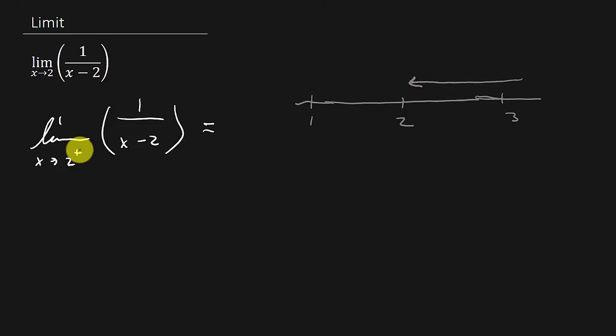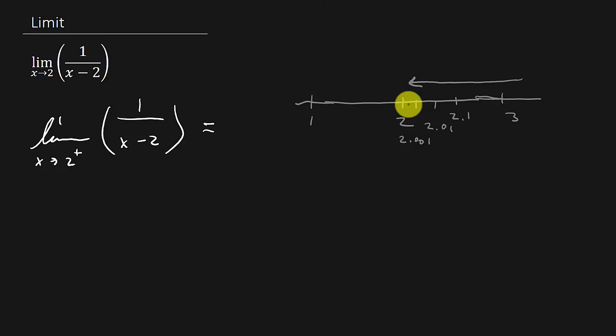That's what the little plus means, coming in from the right-hand side. So as we're getting closer and closer to 2 from the right-hand side, we're plugging in numbers like 2.1, 2.01, 2.001, and so on, right? Those are numbers getting closer and closer to 2 from the right-hand side.